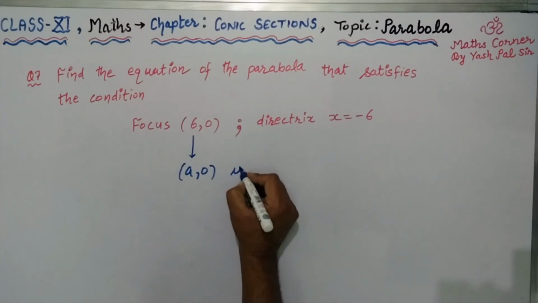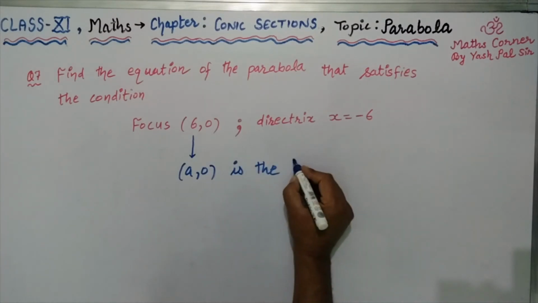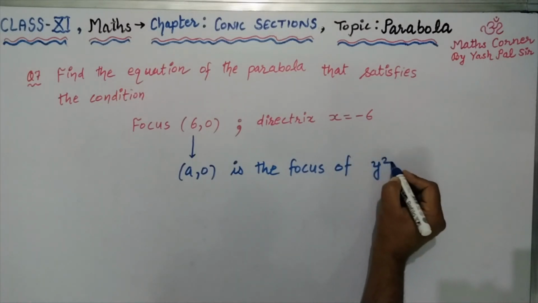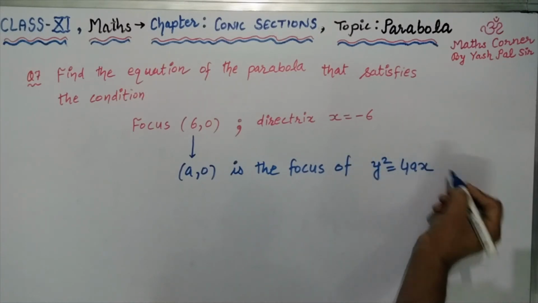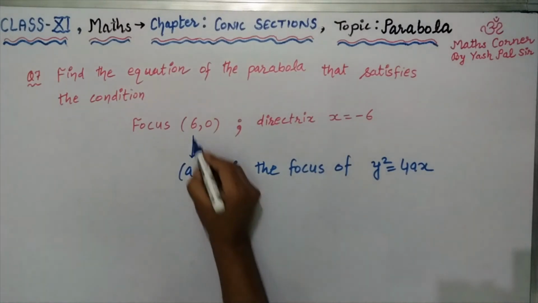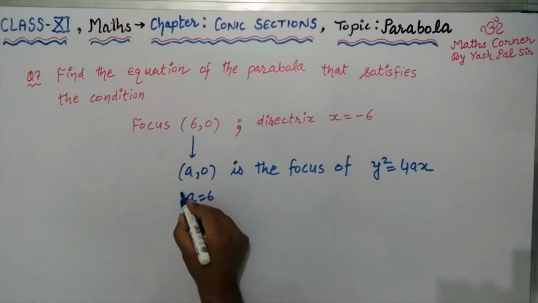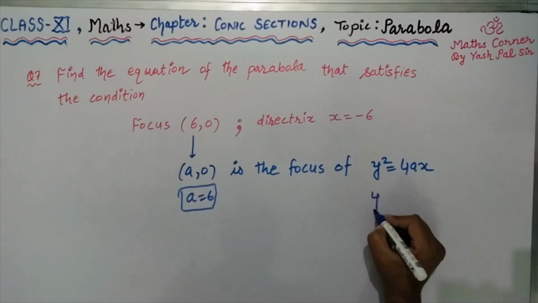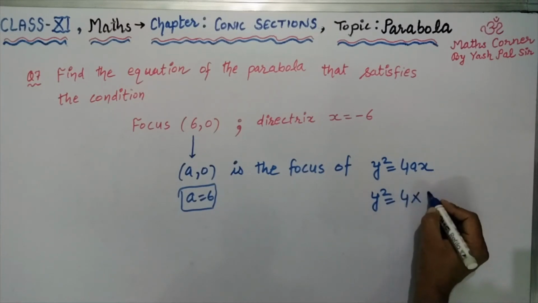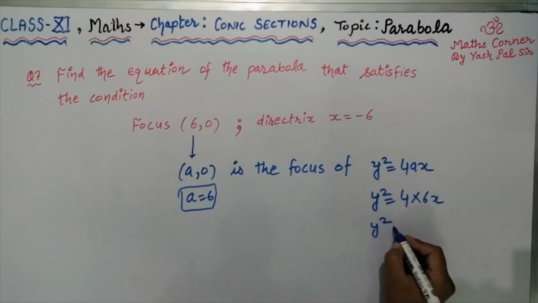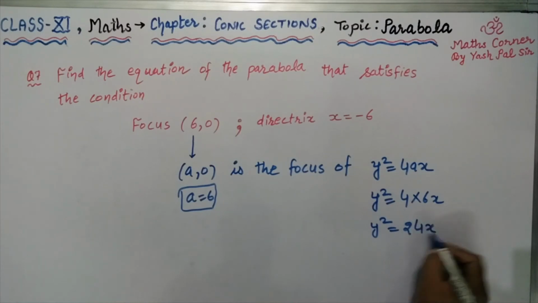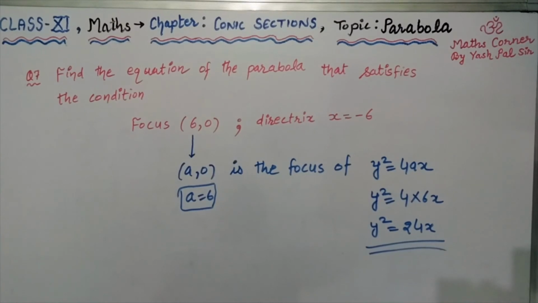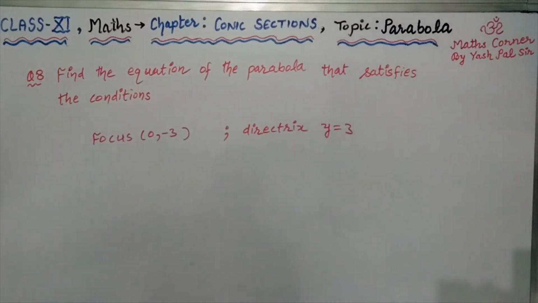One focus we know, the focus a comma 0 is the focus of y square is equal to 4ax. So here value of a is 6. Very simple. So substituting a is equal to 6, y square is equal to 4 into 6 into x, y square is equal to 24x is the required equation of the parabola.